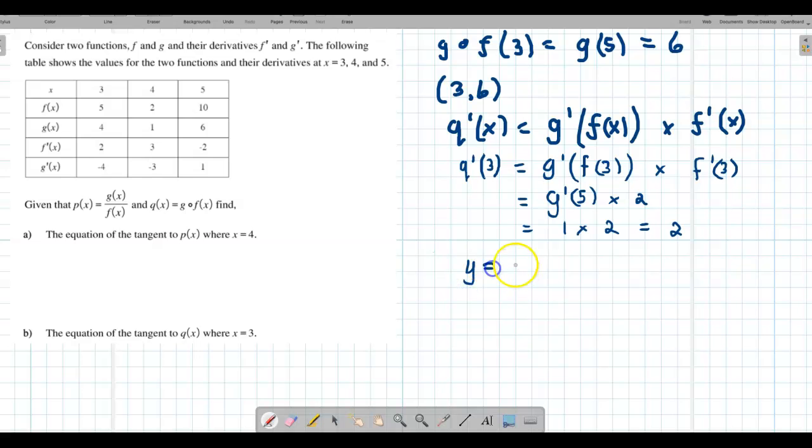So I know my equation is going to be y equals 2x plus c. Let's go back up here and look at this coordinate. So 6 and 3 for the x gives me 6 equals 6 plus c. So my c value is obviously 0. So my final equation is y equals 2x.